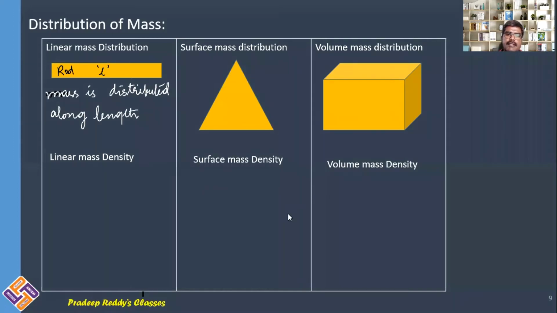Similarly, in the second case, the mass is distributed along area. Here it is a triangular lamina, and this triangular lamina mass is distributed along the area of the triangle, right?